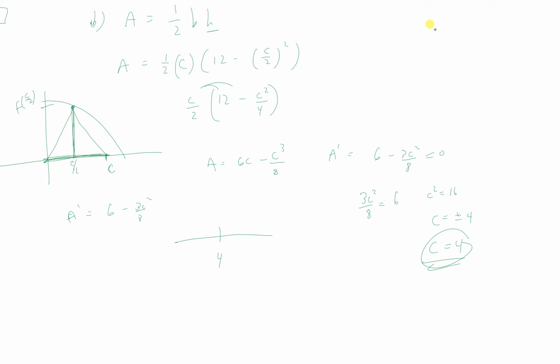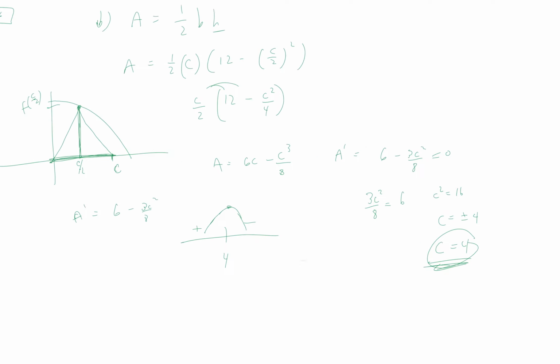Let's plug in 0. 6 minus 0 is positive. Then let's plug in 5. 5 squared is 25, times 3 is 75, divided by 8 is a number bigger than 6, so it's going to be negative. So it goes from increasing to decreasing. This is the max. This means that it's an absolute max.